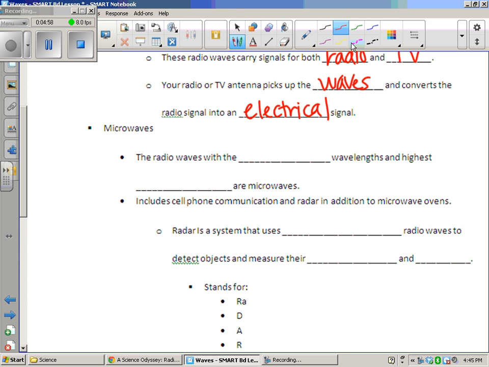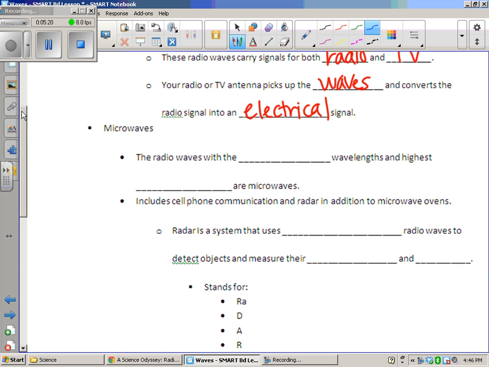So we know that radio waves in general have longer wavelengths and lower frequencies, but if you're trying to look at your radio waves, the longer part of the radio waves to the far left side of the spectrum are making up your broadcast waves.